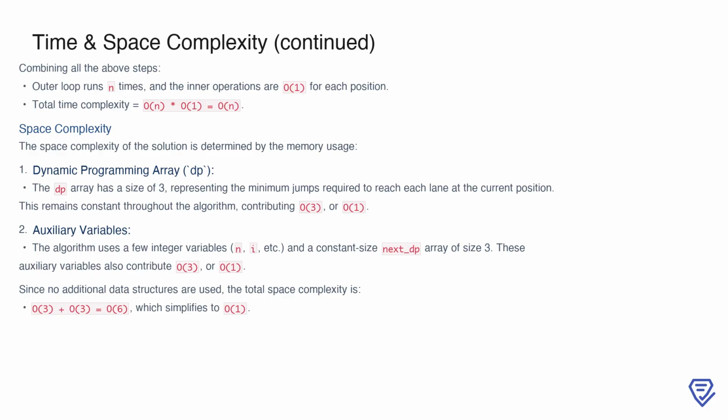Additionally, the algorithm uses a few auxiliary variables such as n and i, as well as another constant size array called next_dp, which is also of size 3. These auxiliary variables contribute an additional O(3) or O(1). Since no other data structures are used, the total space complexity becomes O(3) plus O(3), which simplifies to O(6). However, since O(6) is constant, the overall space complexity is O(1).